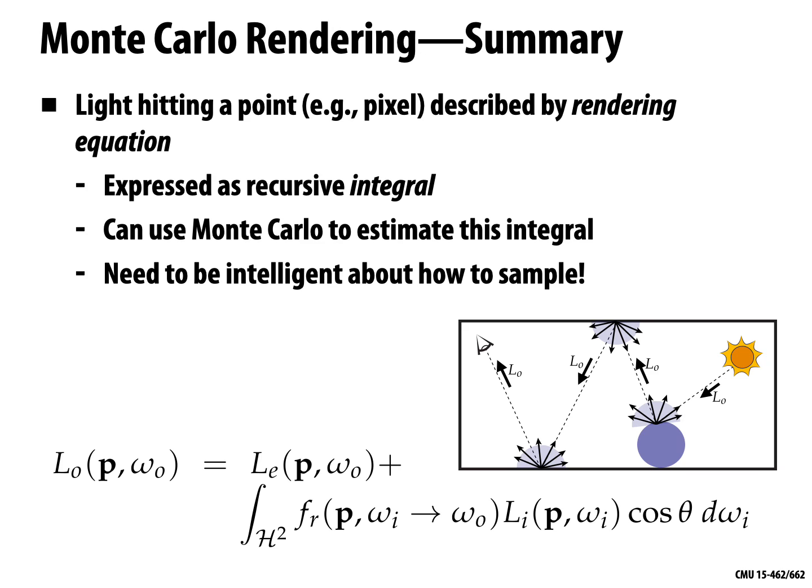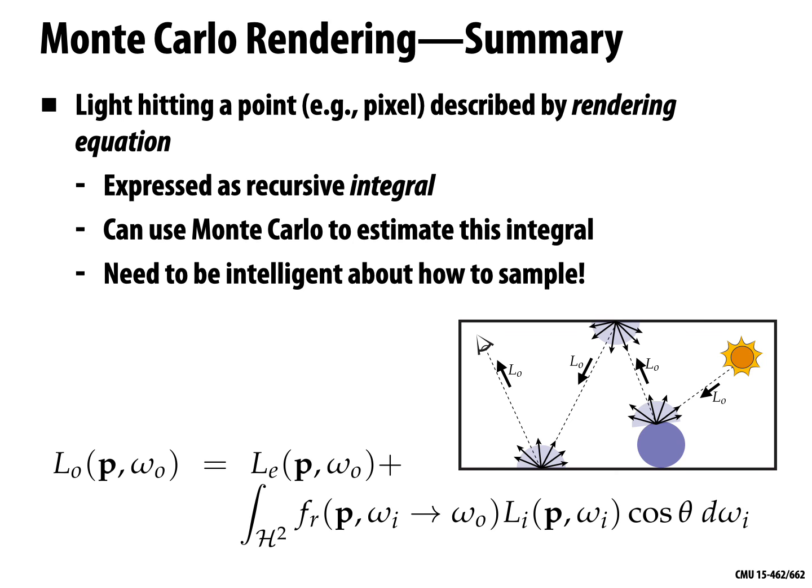Okay, so to summarize everything we've talked about today, the basic idea is that the light hitting a point on the screen, a pixel, is ultimately described by the rendering equation, which is this recursive integral equation at the bottom. Our basic strategy for getting the color of every pixel is to estimate this integral using Monte Carlo integration.